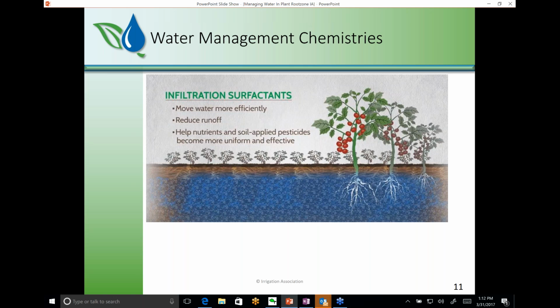So where would you use an infiltration surfactant? We recommend using them if you have a crust or a hard pan. If you're trying to grow crops or create playing surfaces or landscape settings on tight soils, or if you're dealing with wet conditions similar to those that we're seeing across much of the United States today.